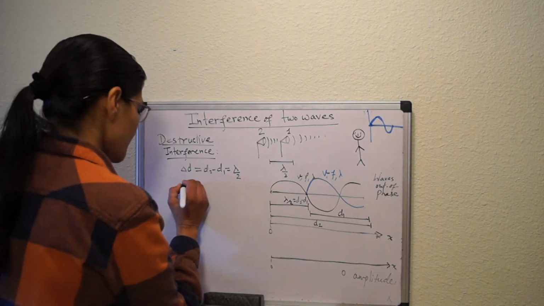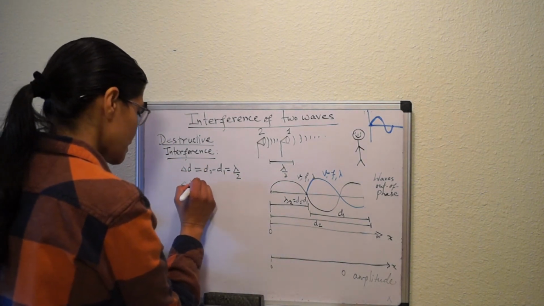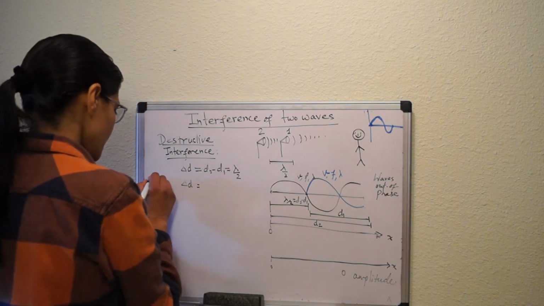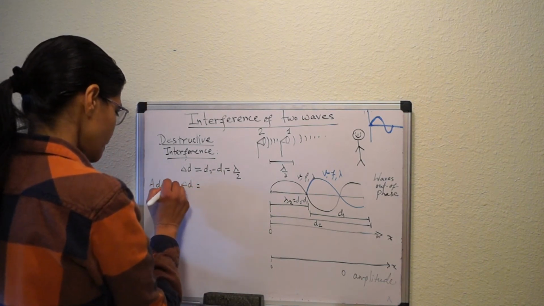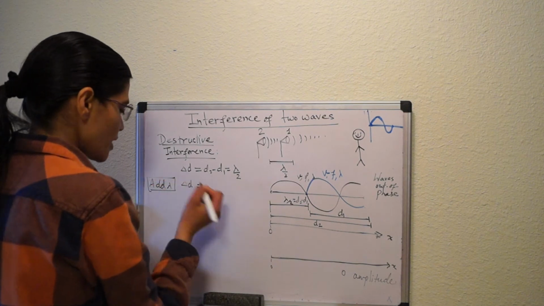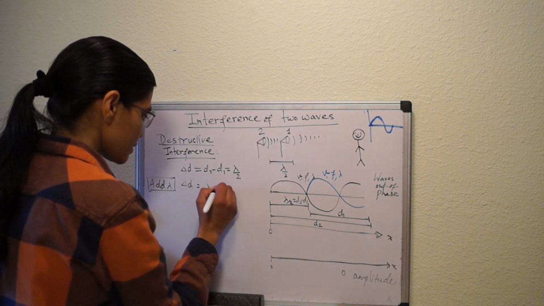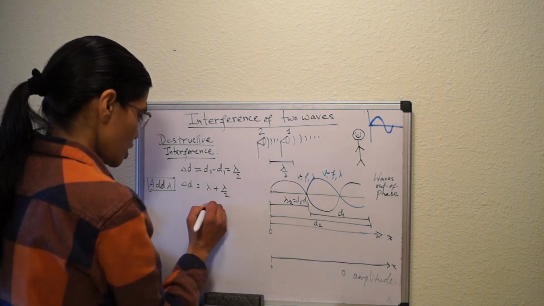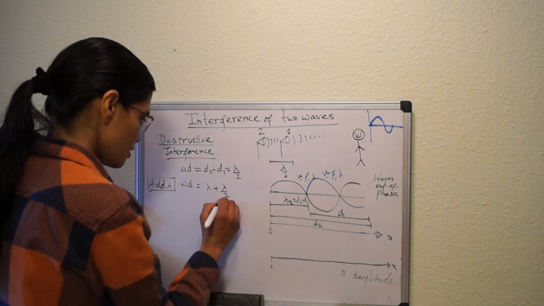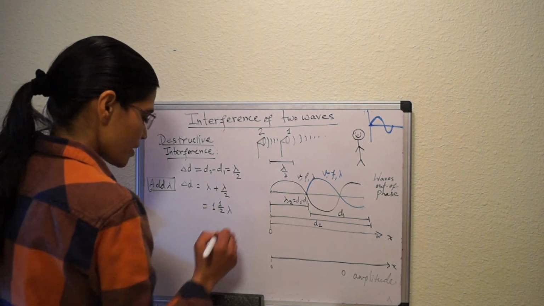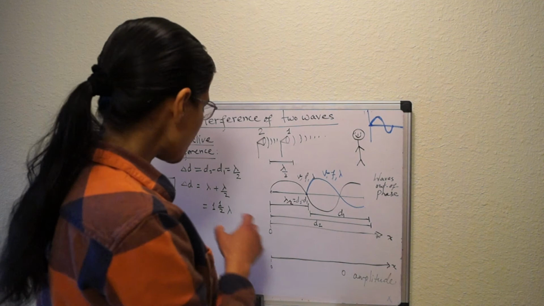What do you think would happen if we add, let us say, a lambda to delta D? What happens? Delta D is lambda plus lambda by 2, which is 1 and a half lambda. What does it mean?